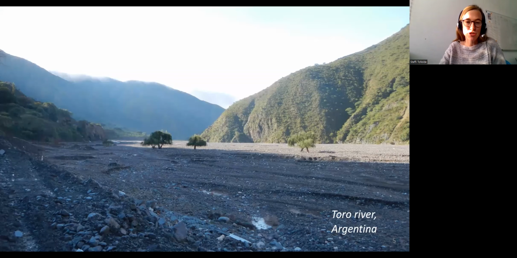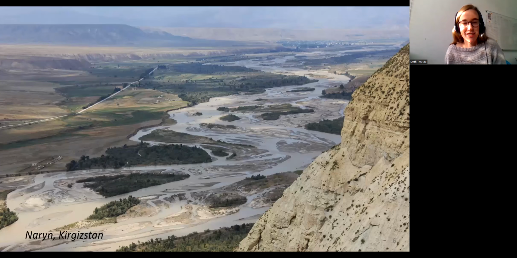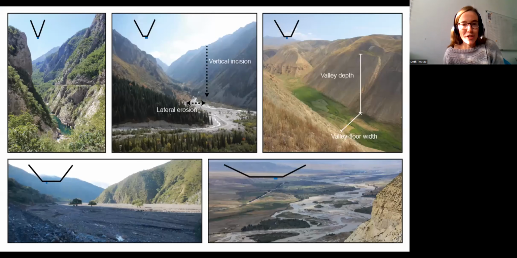This is the Rio Toro in Argentina. And then we jump back to Kyrgyzstan, and this is now the Narin River itself. When we compare these five different sites, we can see that although they are all fluvially carved valleys, they vary quite a bit in their cross-sectional shape, especially when we compare the width of the valley bottom to the height of the valley.